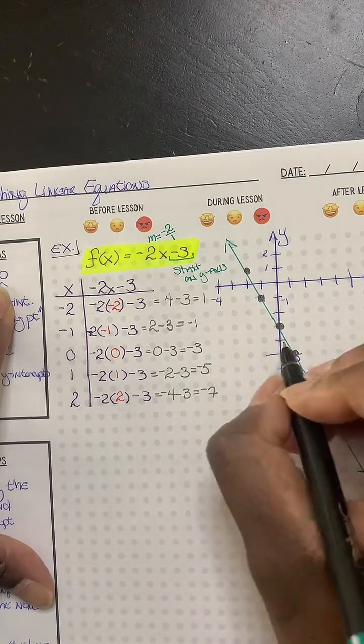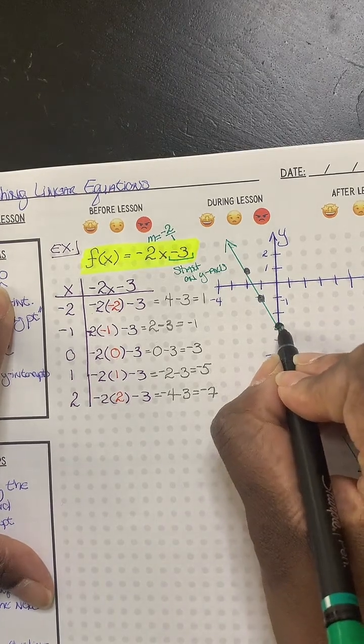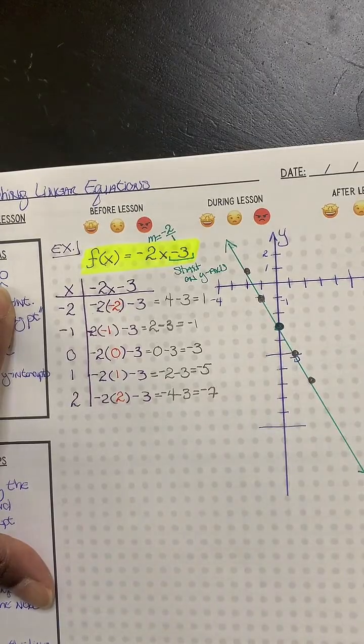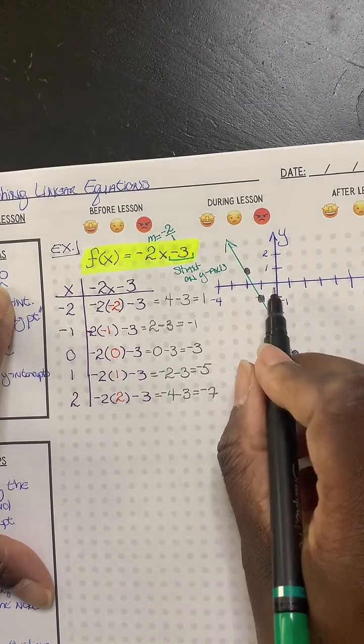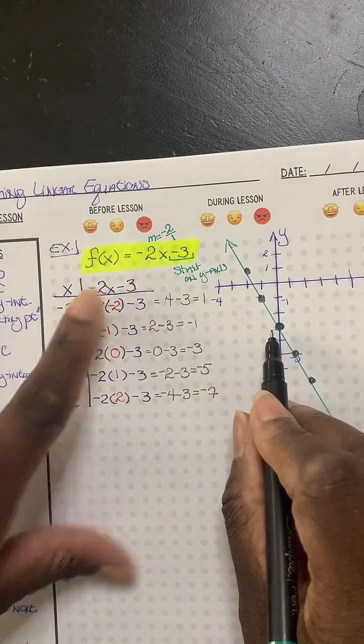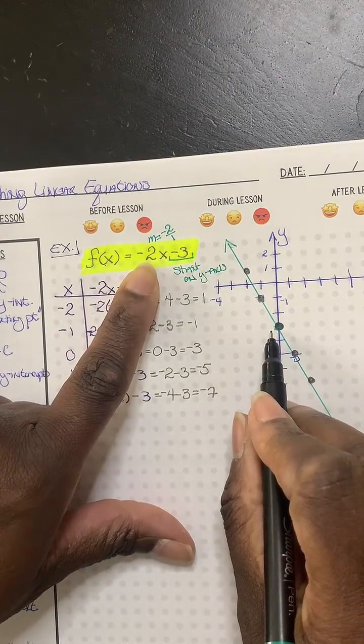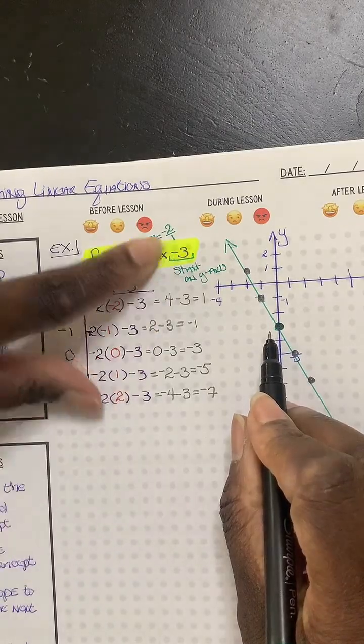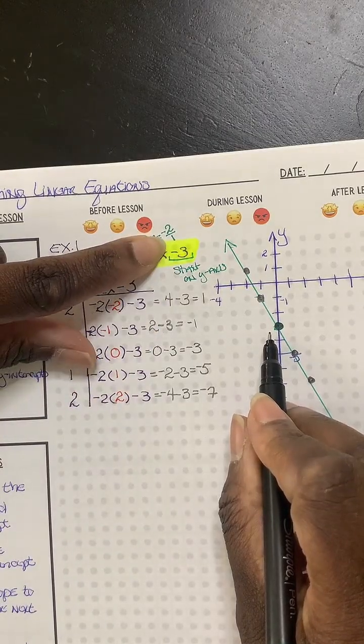So if I start here at -3, then from this point, you don't go back to 0. From this point, the y-intercept, you're looking at your slope. And like I said, your slope is the same as saying -2 over 1.